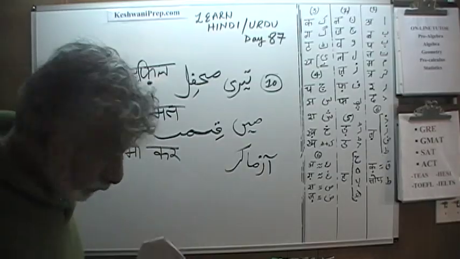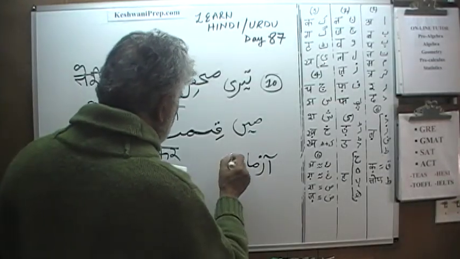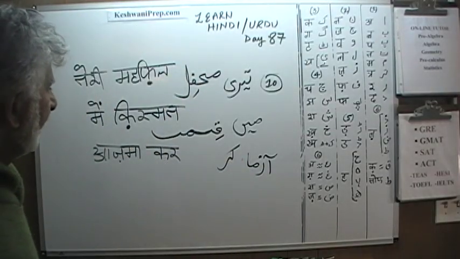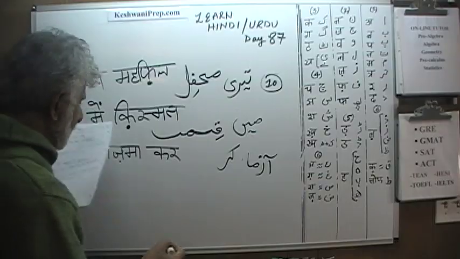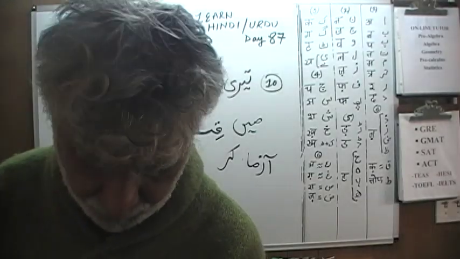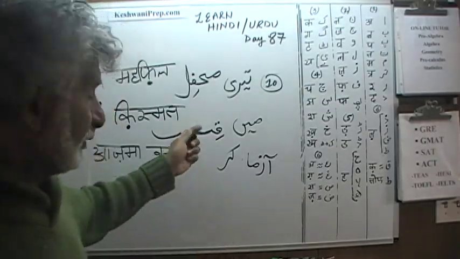I shouldn't have put them so close together because they look like one word. Aazma kar. Aazma comes from Aazmana. Teri Mehfil mein Qismat Aazma kar. Hum bhi dekhenge. We just did that. We just did hum bhi dekhenge in the previous line. We're not going to do it again. There we go. I think I did a bloody good job of not explaining this line.